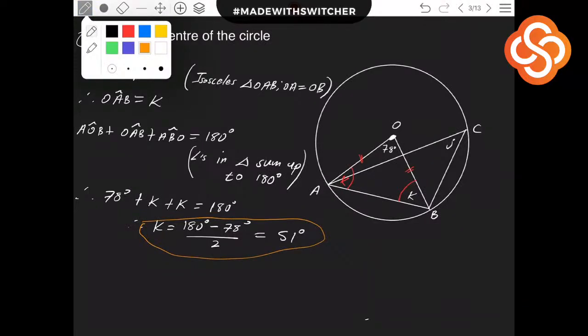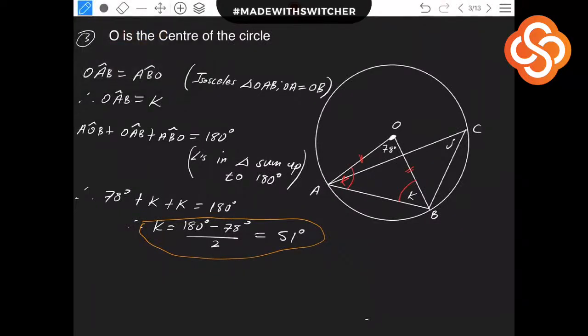All right. Now that we have K, we have to find the value of J. So now look here. Angle AOB is subtended from arc AB, or from the chord AB, depending on how you want to look at it.